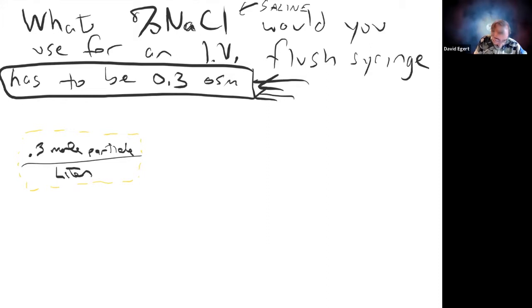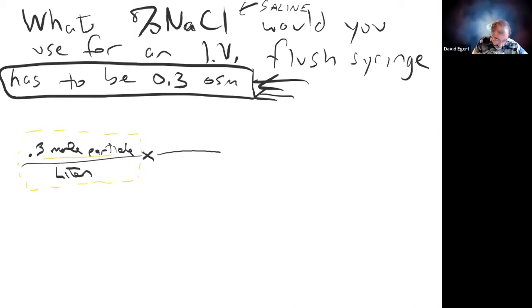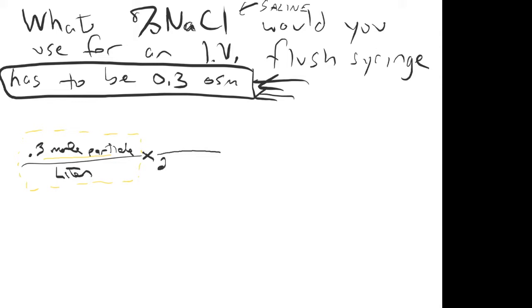So first thing I can do, if I have moles of particles, I can convert this. I want NaCl. What is the conversion between moles of particles and moles of NaCl? 2 moles of particles per 1 mole of NaCl. Exactly.